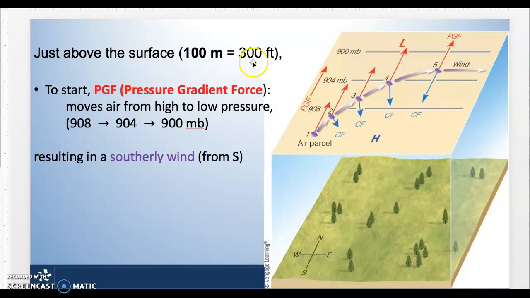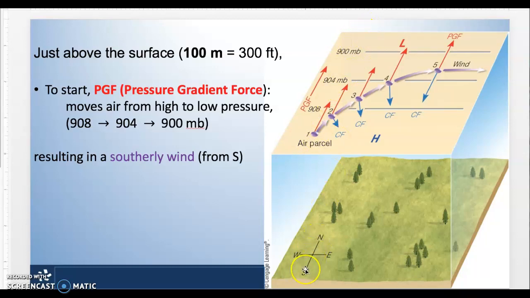In fact, probably about 300 feet above, about 100 meters above the surface. Like you know, the horizontal movement of air will go from a higher pressure to a lower pressure. In this case, it will produce a southerly wind that goes from the south to the north.